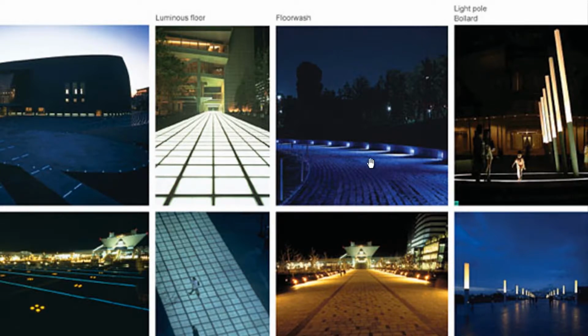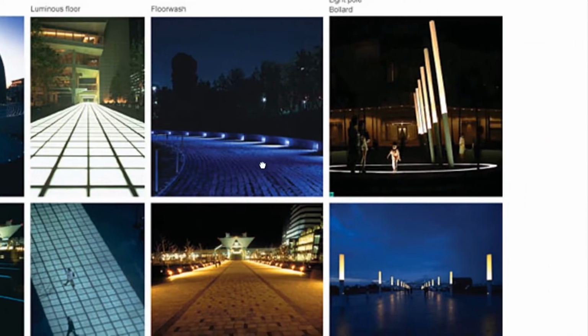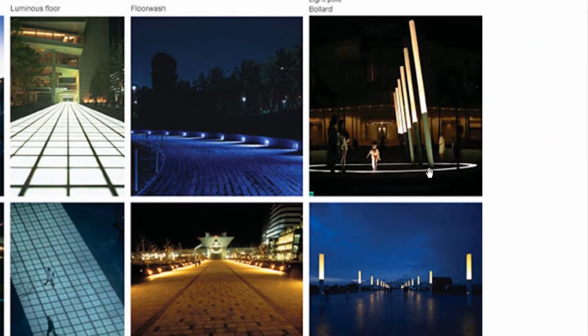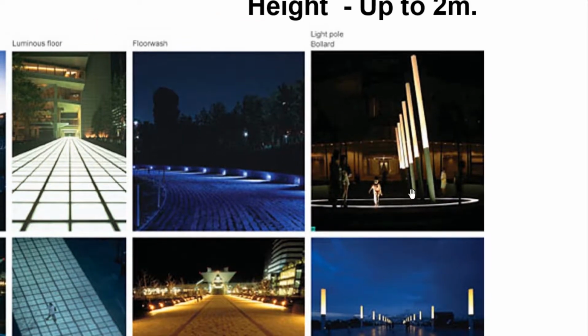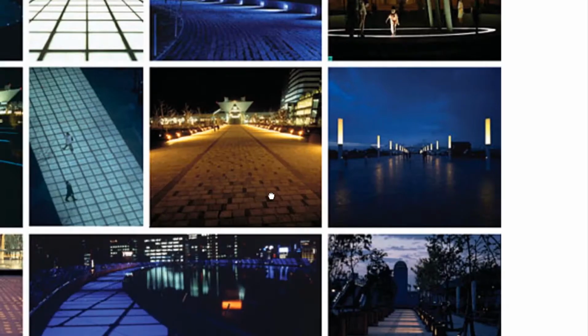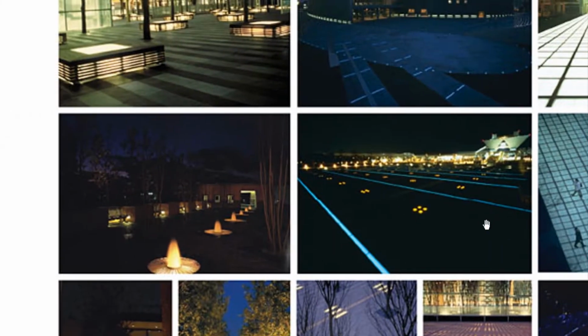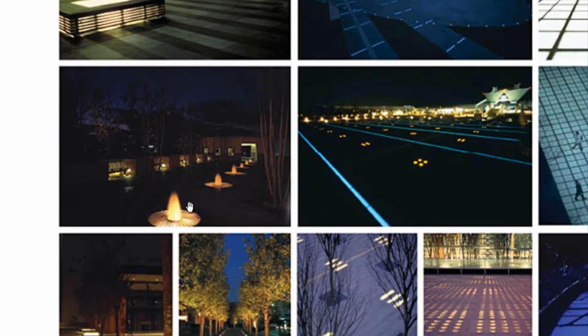So, it gives light for people to move on, and this is a sculptural light, which is again a low level light. A light rod has been kept in the center of the court or some park. These are a few examples of such lights. This is a fountain, along with which light has been incorporated.